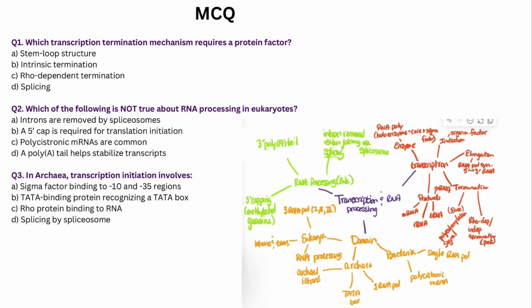So you want to go back to your micro mind map and your notes to help you answer these questions, and then you can put your answers in the chat. Which of the following is not true? So what you're going to do is find the ones that are true and do a process of elimination.